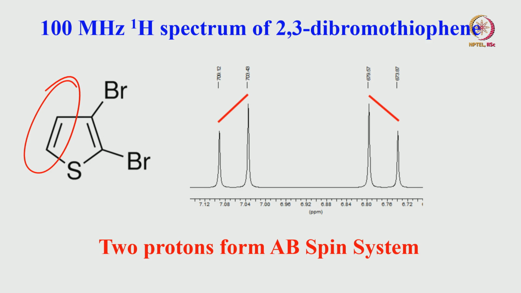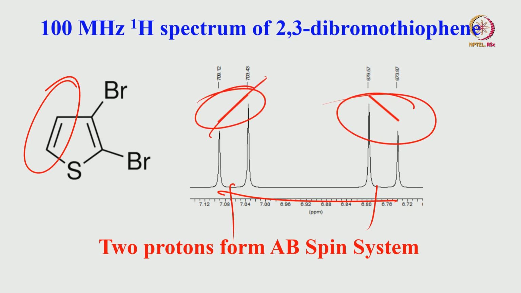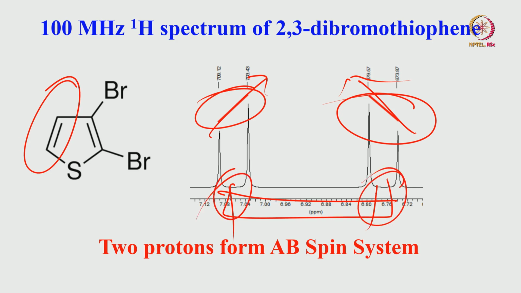But you can see this and this are far away, separated in chemical shift, but you see the intensities are not equal. There is a roof effect in this direction. That means it is closer to AB than AX. If you see the chemical shift separation, you can say what the chemical shift of this and of this is, more like an AX.